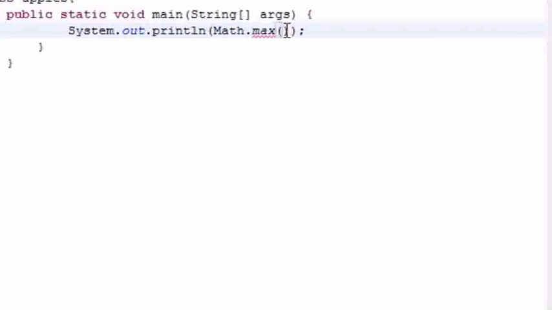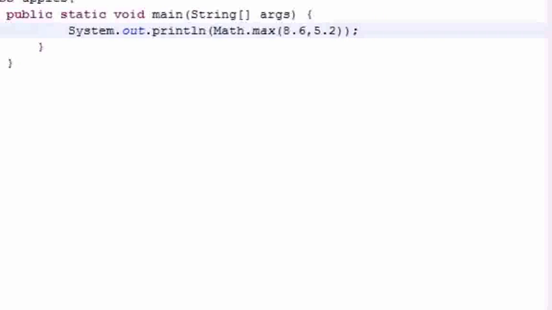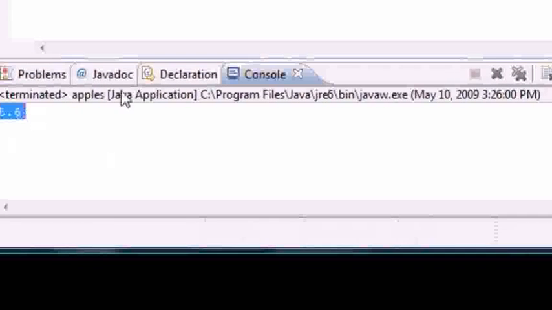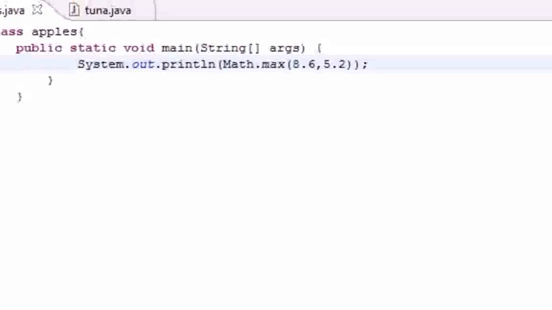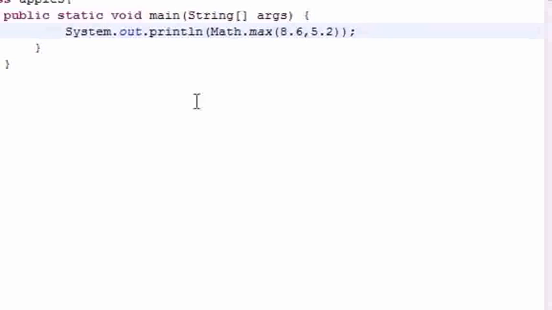What max does is you give it 2 numbers and it gives you the maximum of those numbers. So say you have 2 parameters, 8.6 and, separated with a comma, 5.2. Whenever you run this, it gives you 8.6 because that's the maximum of the 2 numbers.